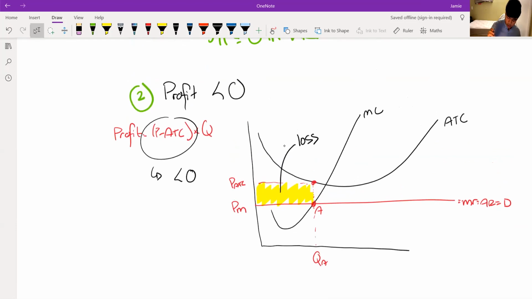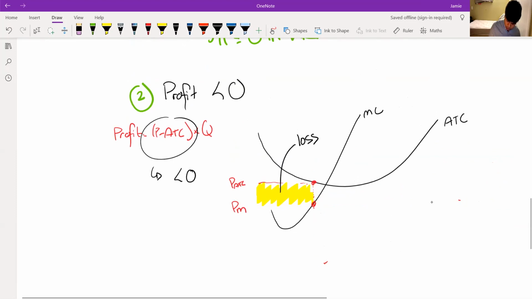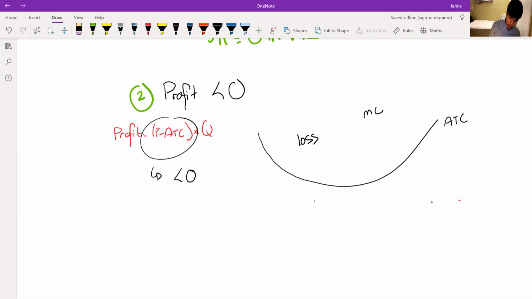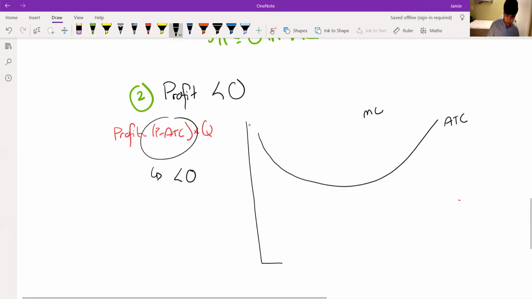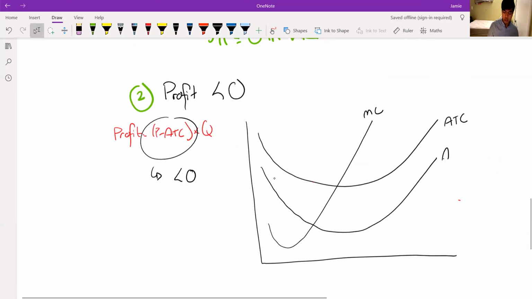Okay, so let us just erase a few of these lines. Erase everything. All right, so marginal cost and average variable cost look very similar to the average total cost.